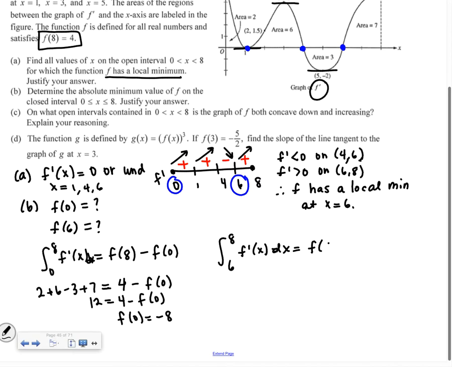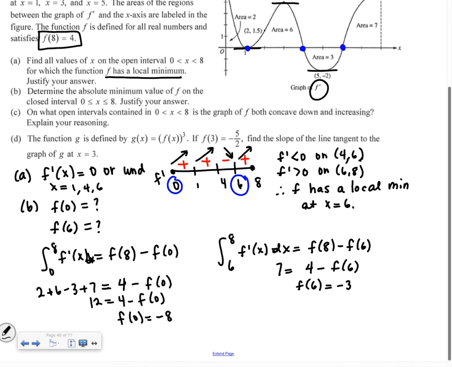And I get f of 8 minus f of 6. Okay, and what this represents is the area from 6 to 8, which is right here, which was 7. So we have 7 equals f of 8, which is 4, minus f of 6. So f of 6 ends up being negative 3.